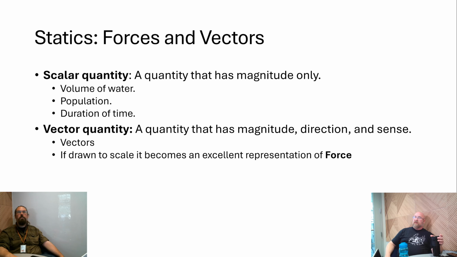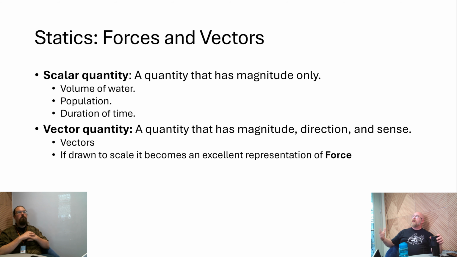If we're talking about a scalar, we're separating magnitude and direction from each other. We're talking about the components, a magnitude only, rather than a degree. A scalar quantity can also be used to talk about a volume of water, a population, a duration of time. It's a singular magnitude only. It doesn't have directionality associated with it.